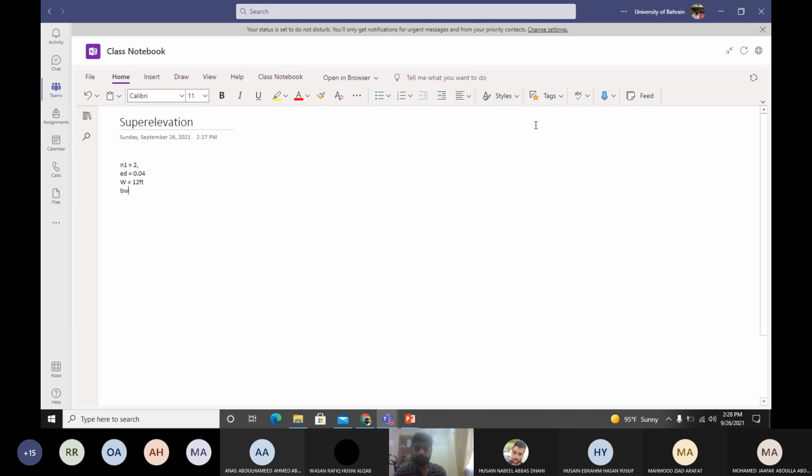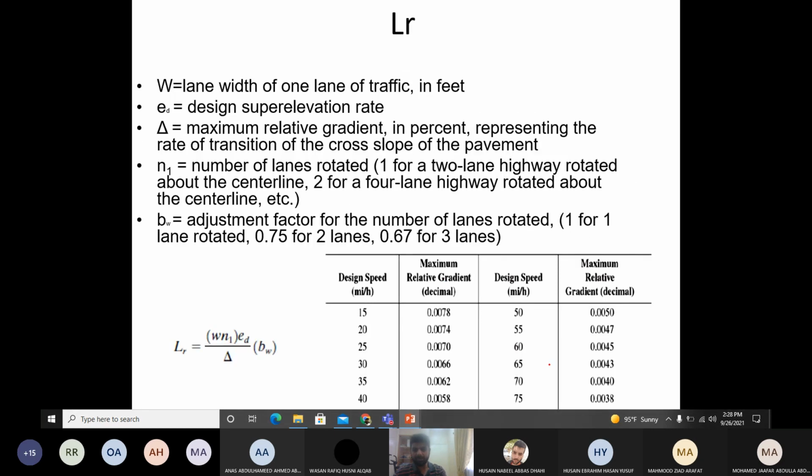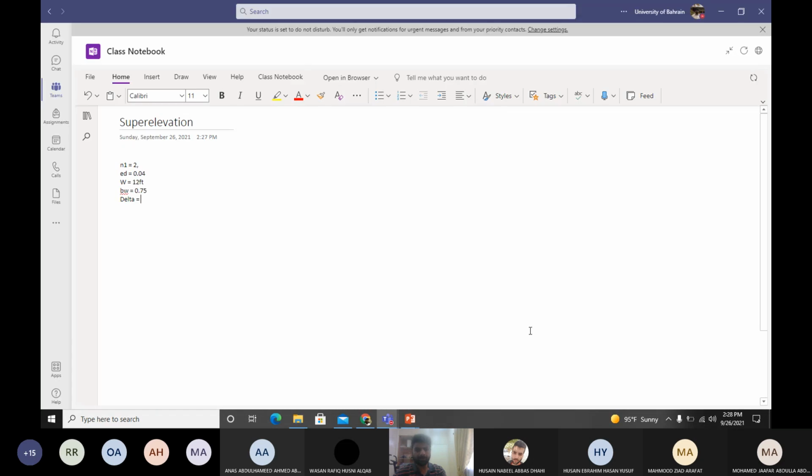BW for 2 lanes is 0.75. Okay, and delta is given, 60 miles per hour. For 60 miles per hour, delta is 0.0045.